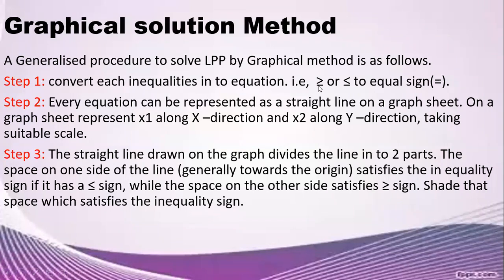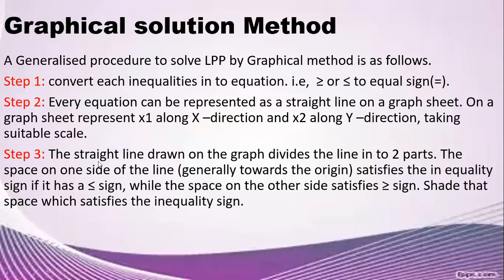It may be greater than or equal to, less than or equal to, convert that into an equal sign. That is the first step. Second step, every equation can be represented as a straight line on a graph sheet. So you have to plot x1 along the x direction and the x2 variable along the y direction, taking a suitable scale.